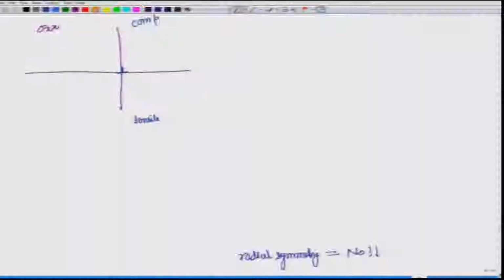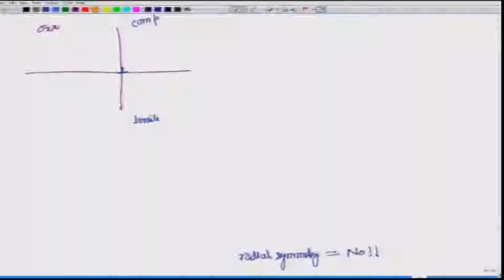Okay, so, coming back to our contour plots for sigma x x, how does it look like? On one side we have compressive, so let us say that the compressive is negative, and if you use the relation to plot the iso-stress plot, this is how it would look like. So, this is the positive value and this is the same amount negative value.